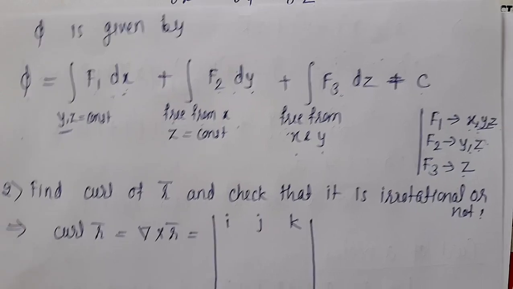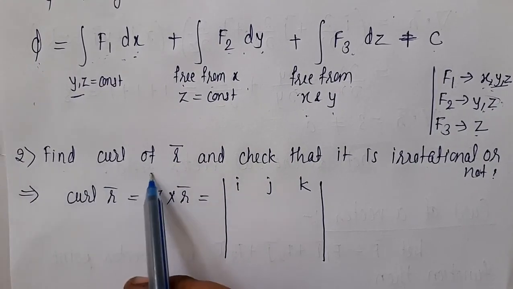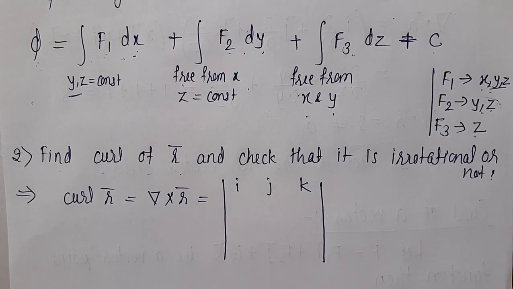Is it clear? Now next we see one example. Find the curl of vector r and check whether it is irrotational or not.